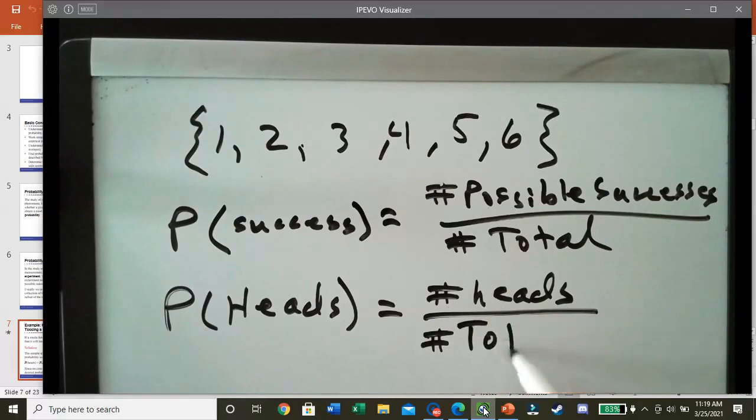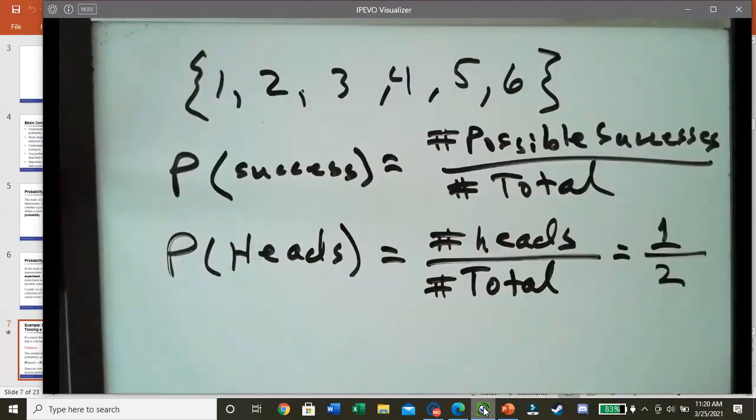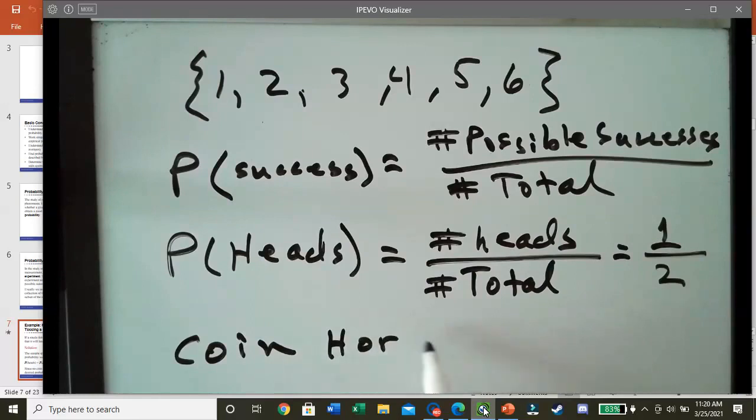In this case, there's one head on a coin, right? Over the total, which is 2, because the sample space for a coin is either heads or tails. So the total is 2, but there's only one head. So the probability of flipping a coin and getting heads is 1/2, or 0.5, or 50%.